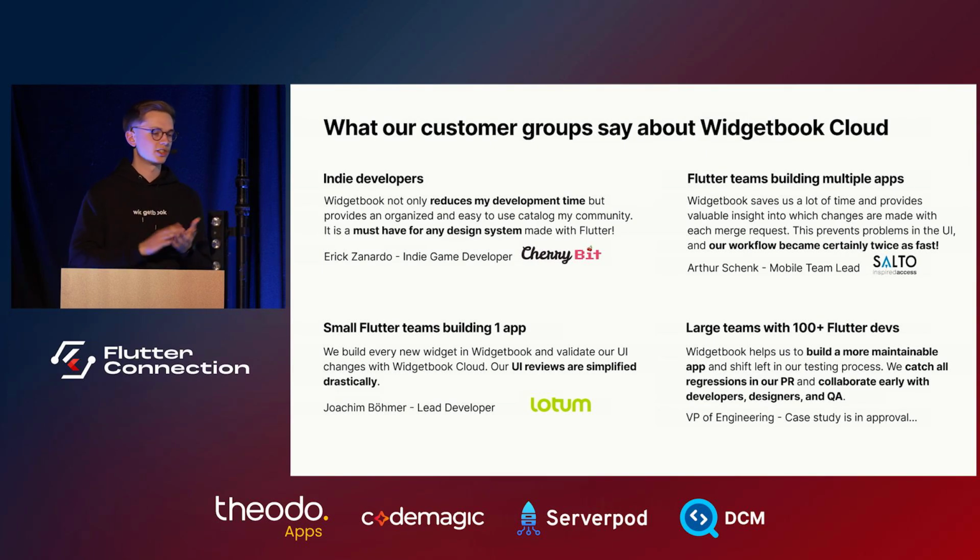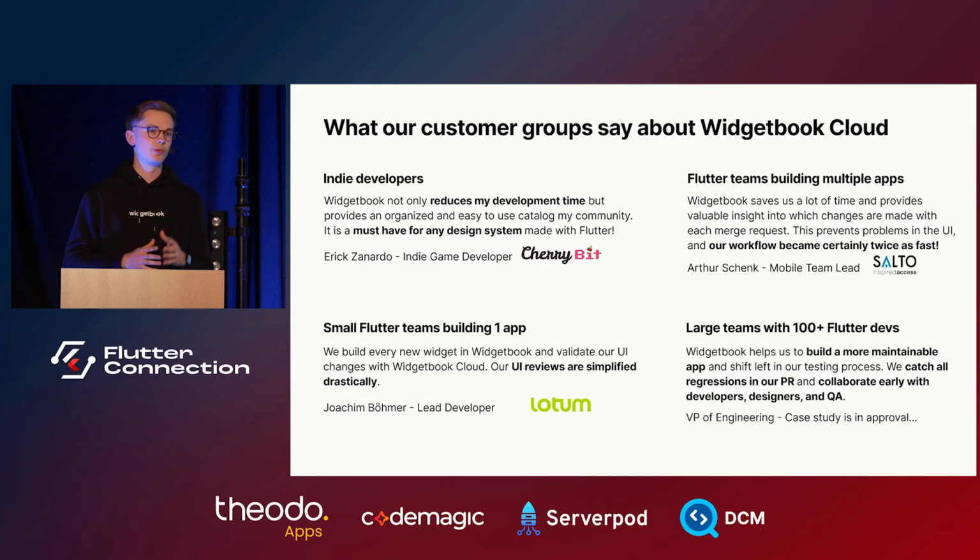Then we're working together with small teams who are building just one app, and they, for example, found out that their UI reviews were simplified drastically. Then we're working together with Flutter teams that are building multiple apps with the same design system. Teams like Anton with 1,5 or also Salto Cloud Systems, which found out that their workflow became twice as fast.